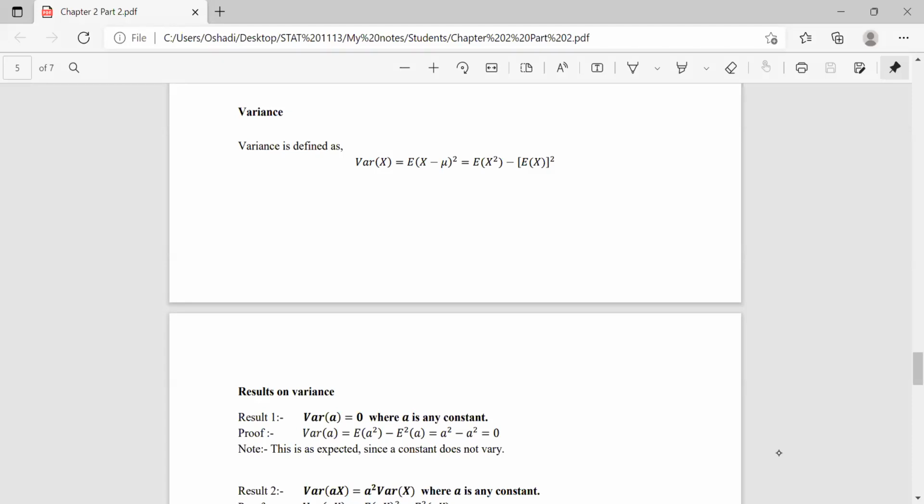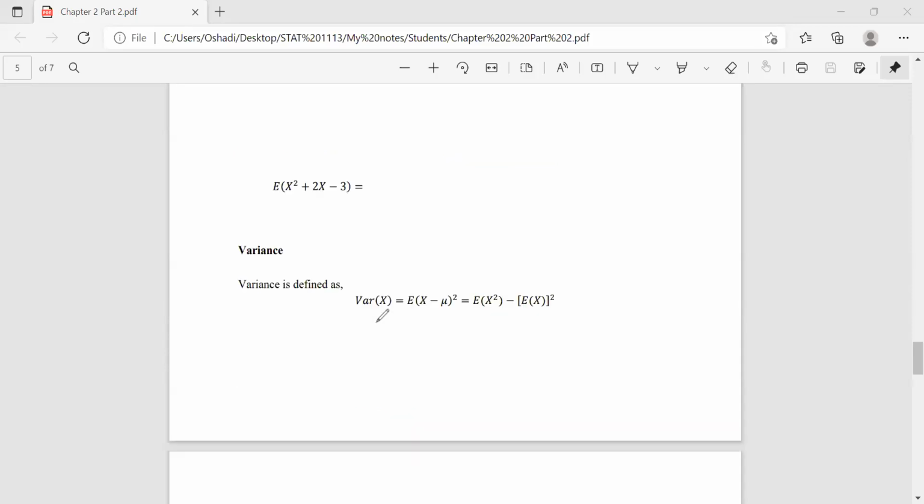So if you want to know how this equation comes, you know that mu can be written as the expected value of x, right?